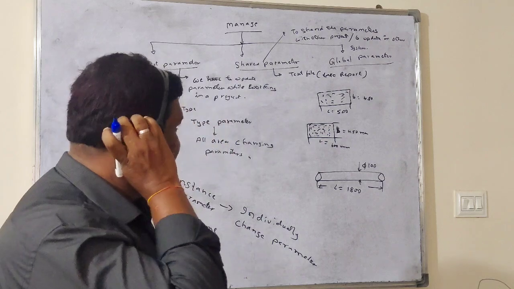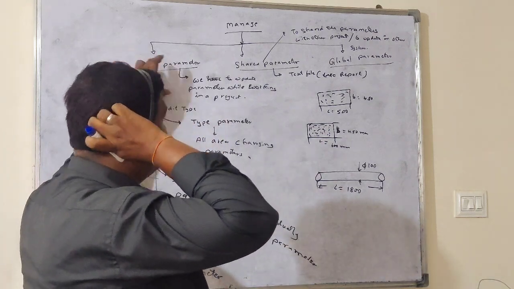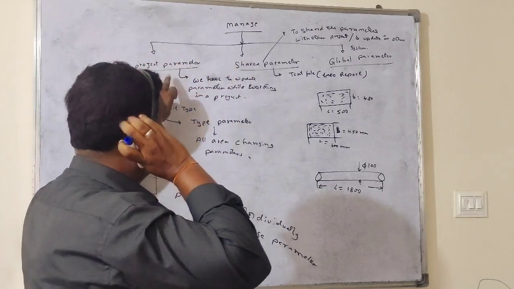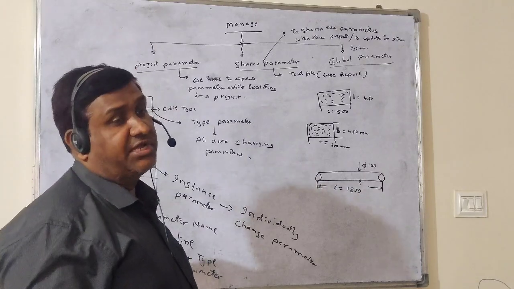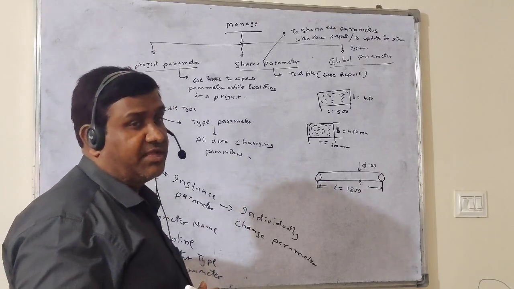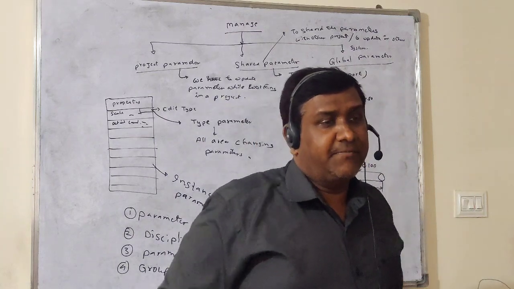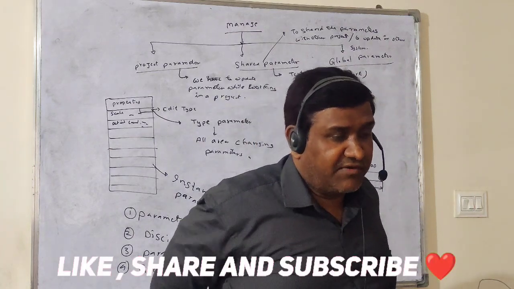Okay, I will show the example in practical, because project parameters are totally different compared to shared parameters. Both are the same, but project parameters are not shared, whereas shared parameters can be shared to another computer, to another workplace. Just as an example, you went to a company, and the company assigned a computer for you.